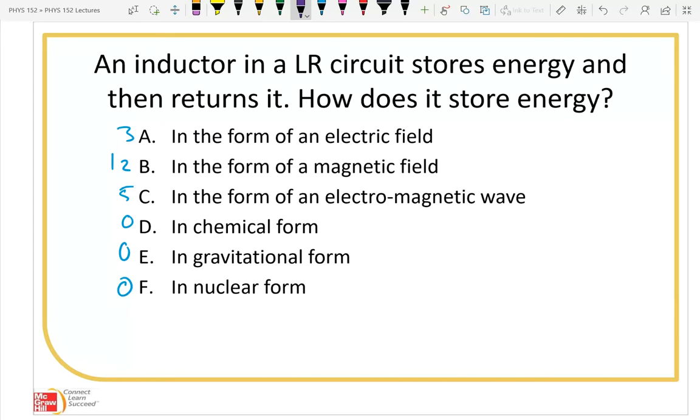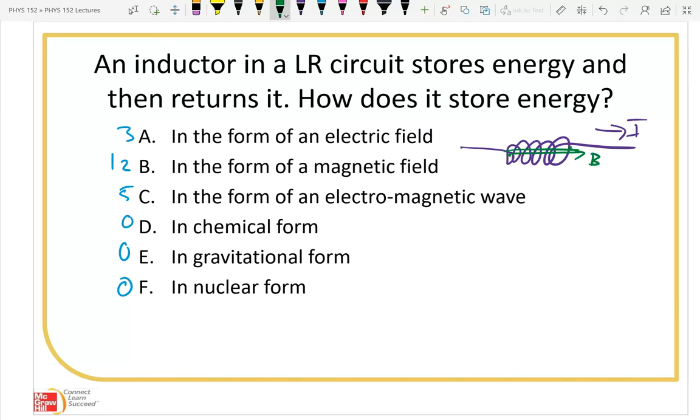So, why would it be magnetic field? You have current going through here, and that current creates what in a coil? It's going to create a magnetic field. That's why it's storing energy in that magnetic field.